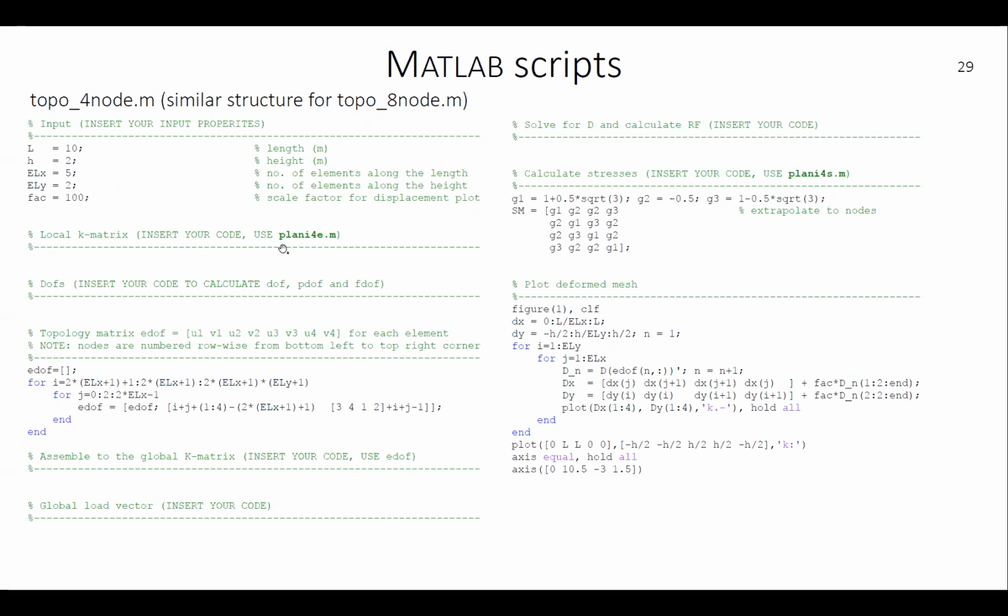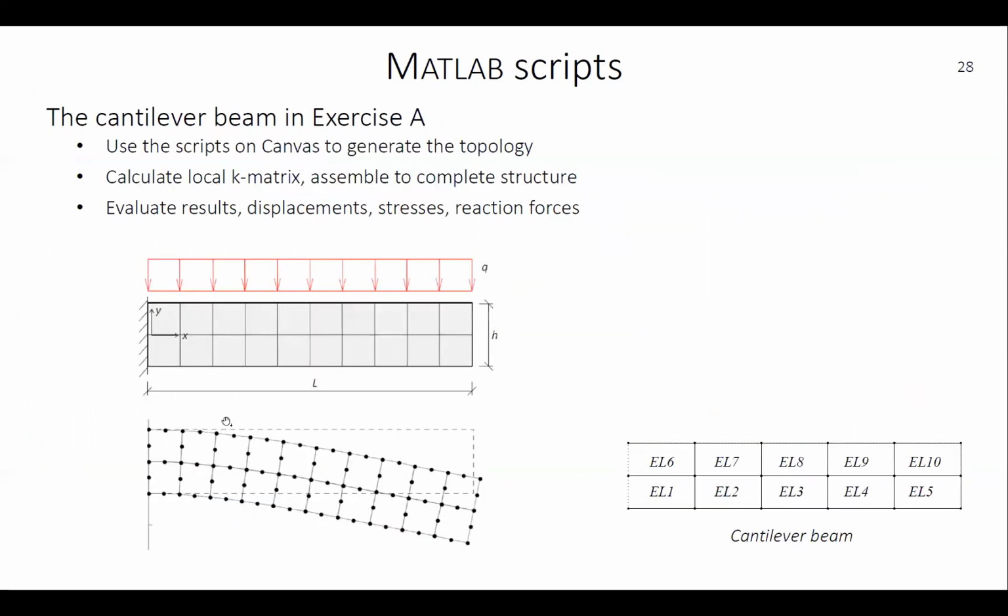Sorry, so in this code, you calculate the local K-matrix, and down here, after you have the element topology, obviously, you can use that in order to assemble the global K-matrix. And then you need to make some code that assembles the global load vector for this distributed load along the line here.